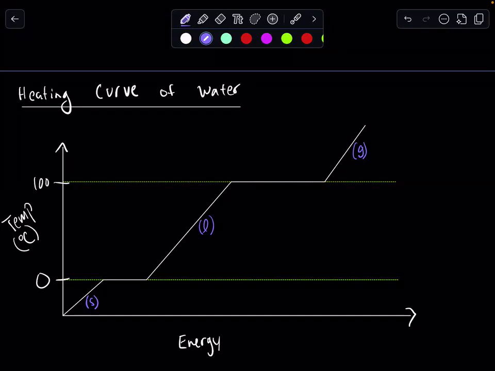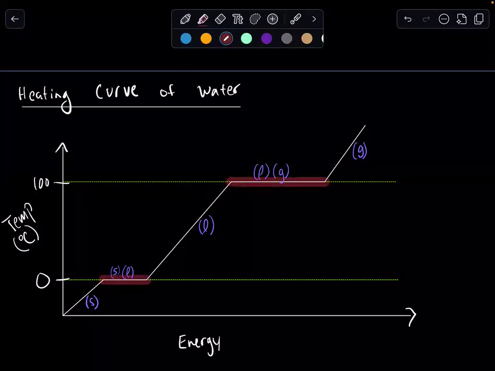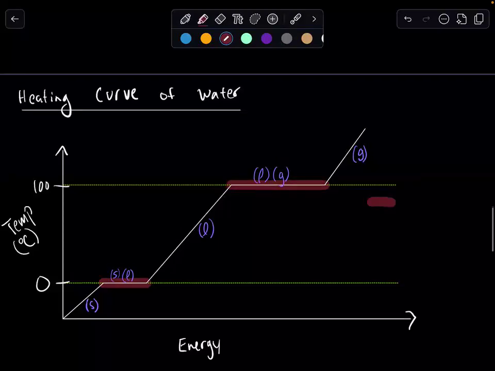Furthermore, at these lines, we have both states. So we have solid and liquid. And up here we have liquid and gas. These areas, these flat areas, are what we call the phase boundaries. So I'm going to put a little key here.